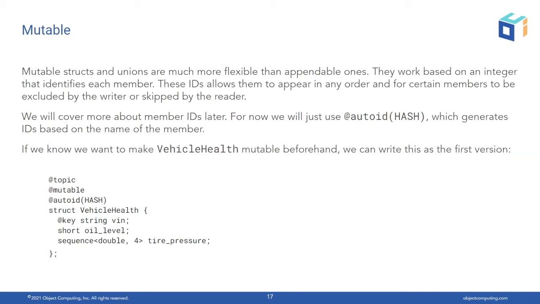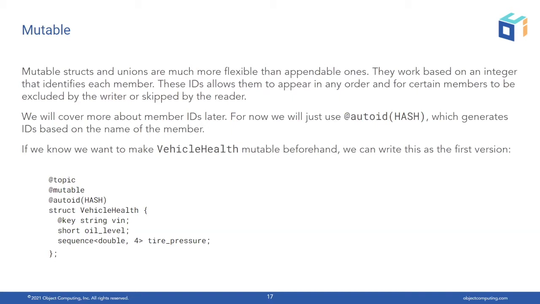Another type of extensibility, one that's more fluid, is mutable. Mutable is more fluid because behind the scenes, all the fields of the union or struct, in addition to having their member name, also have an integer ID.